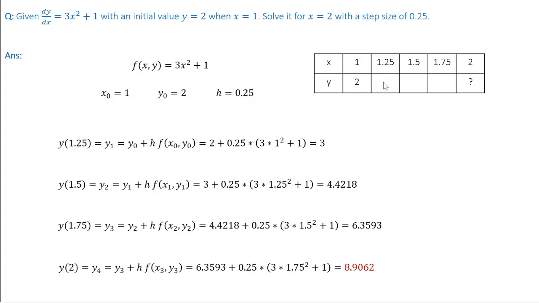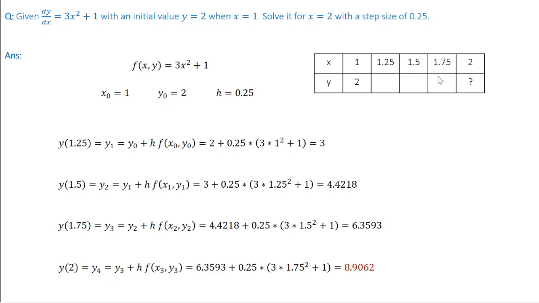Now using this information, you find what is the value for x equal to 1.5. So we call it as y2. y2 is y1 plus h into f of x1, y1. y1 is 3. 3 plus 0.25 into 3 into x1 square. x1 is 1.25. So 1.25 square plus 1, which is 4.4218.